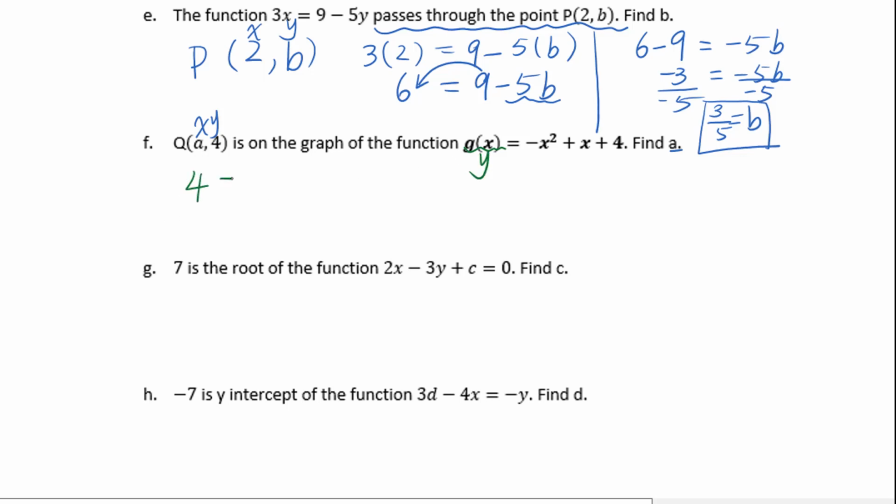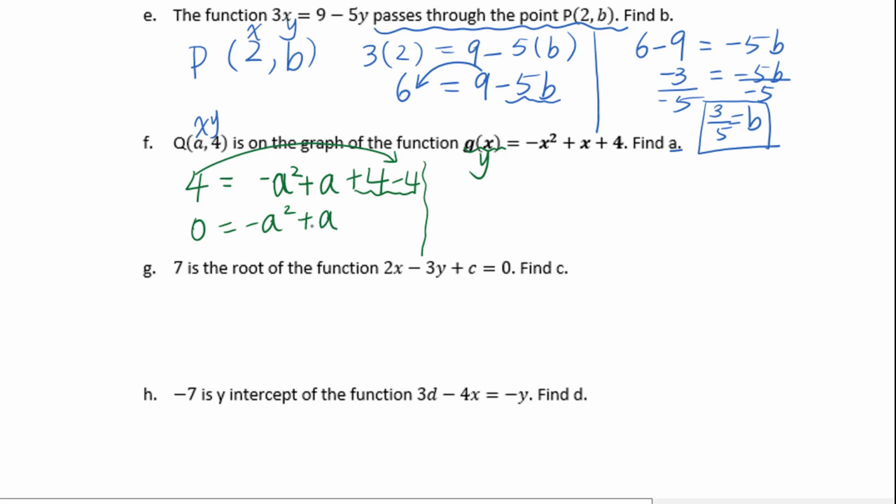Therefore, we have 4 equals -a squared plus a plus 4. Since this is a quadratic equation, the key is to set it equal to 0. Therefore, -4 both sides. You will get 0 equals -a squared plus a.